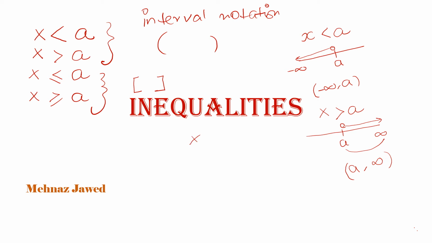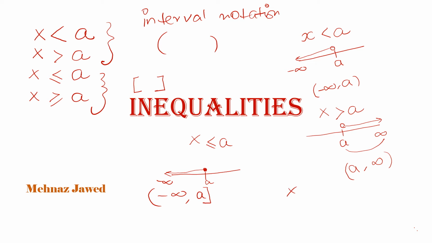Now if it is written x is less than or equal to a, then less than again means this side, and equal means you have to show it with the shaded point. For the shaded point you have to use the big bracket. So on this side there is a, but infinity on this side is always written with the small bracket.